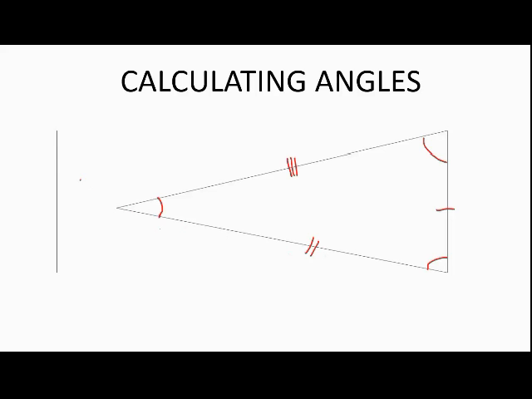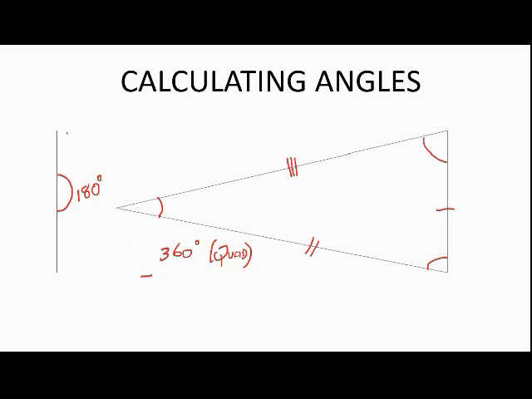But look what I've done. I've taken away one straight line. Now we all know that a straight line is called a straight angle, and a straight angle has a size of 180 degrees. So I had 360 degrees inside my quadrilateral.